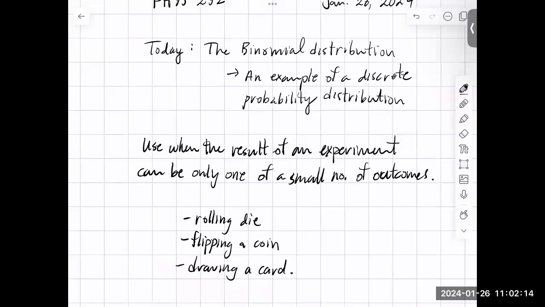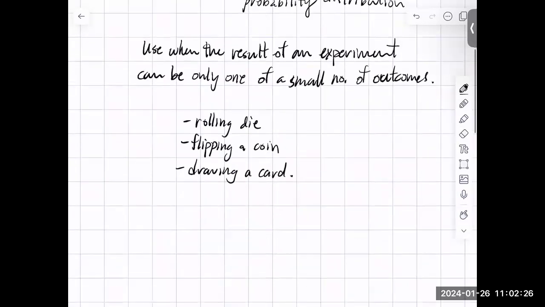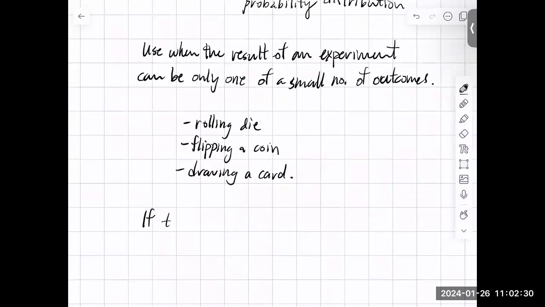Okay, and we're going to start with a specific example of flipping a coin, because that's an easy one to picture as we develop some of the machinery that we're going to make use of.